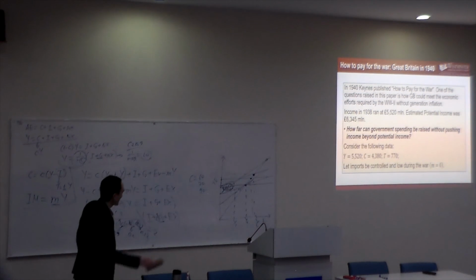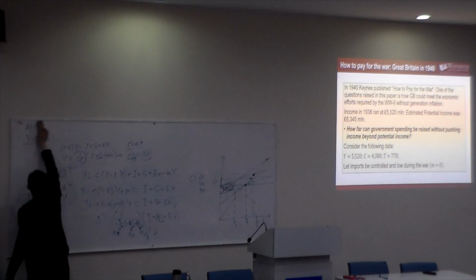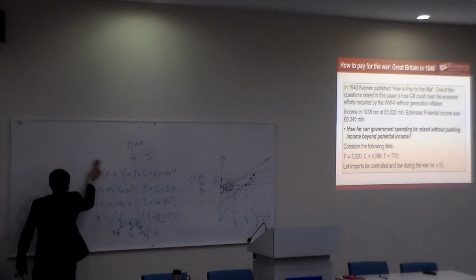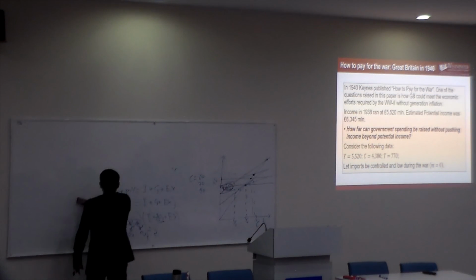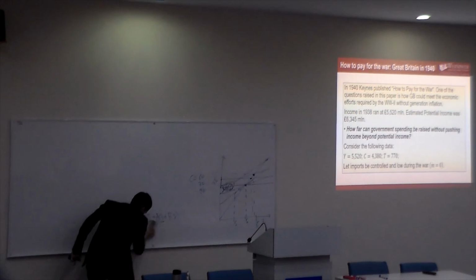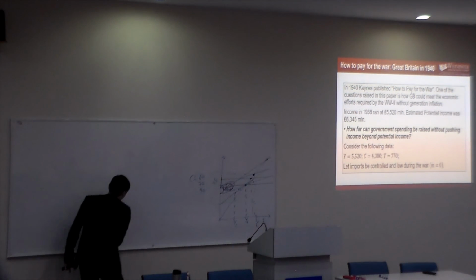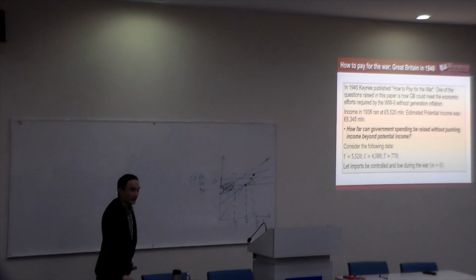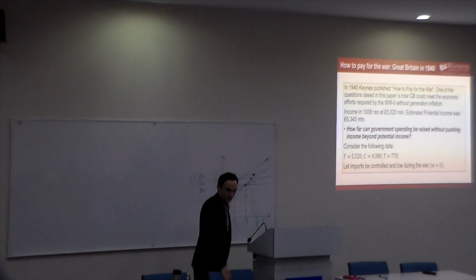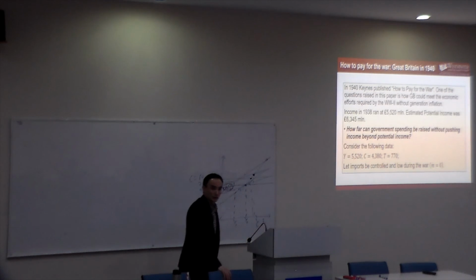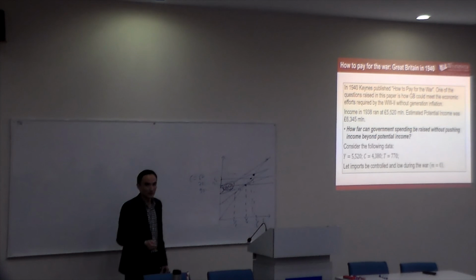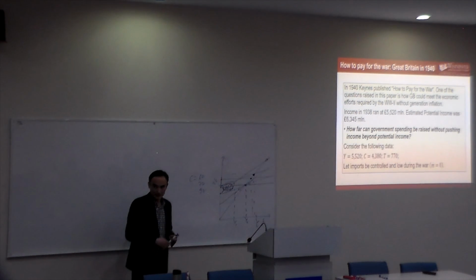Good. What happened in the UK? Once Germany declared war on the UK, okay, Great Britain, in order to be engaged in war, the government should increase spending on the military, right?